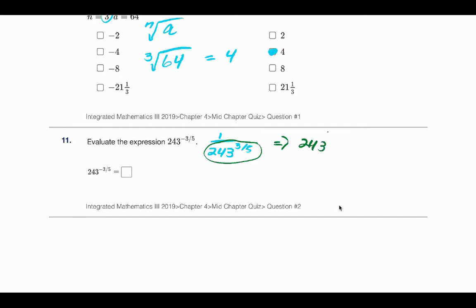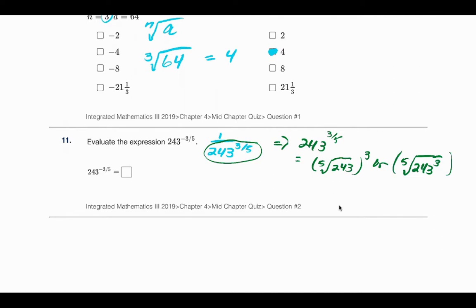243 raised to the 3/5 power, remember, you can write it two different ways. You can write it as the 5th root of 243 and all of that cubed, or you can do the fifth root of 243 and put the cubed underneath that radical symbol. So those are your two choices.